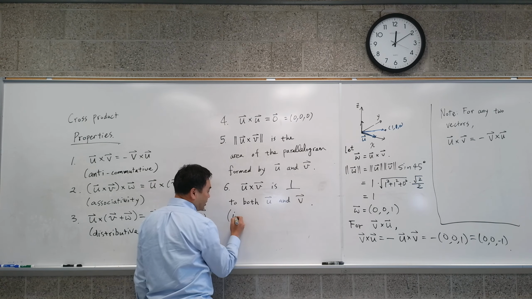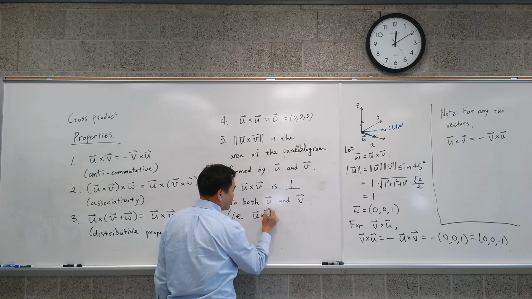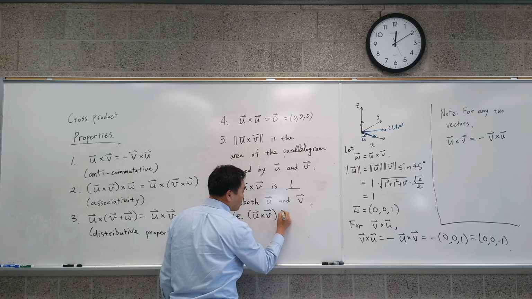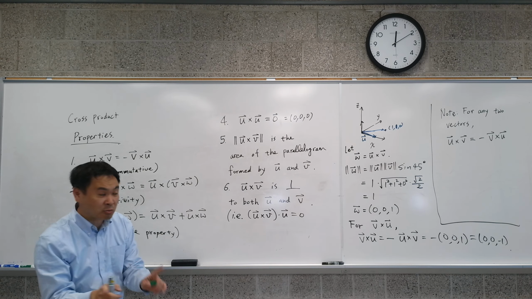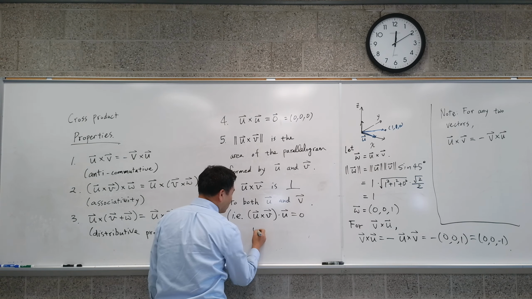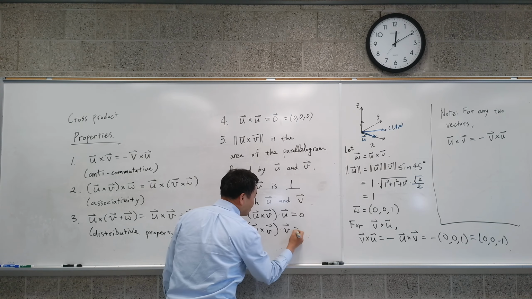So, i.e., if you have U cross V and do a dot product with U, you get 0. Because if you have two perpendicular vectors, their dot product is 0, right? And then U cross V, do a dot product with V, that's again 0.